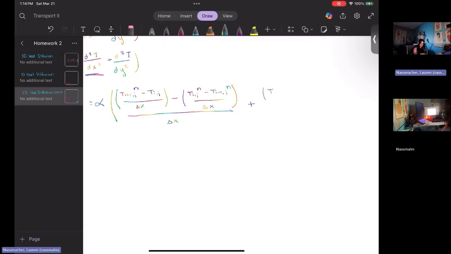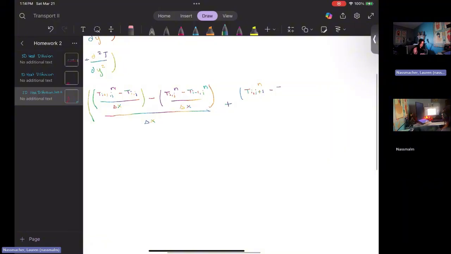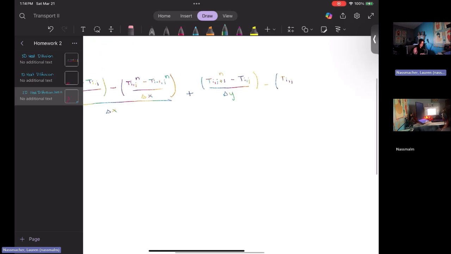So your temperature at position i, j plus 1, at the same time n, minus the temperature you want to determine at that position ij, over your change in y, minus your temperature at the position you want to determine at time n, minus your temperature at i, j minus 1, at time n, over your change in y.